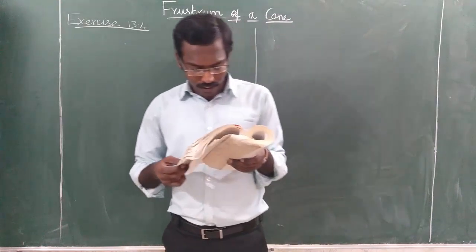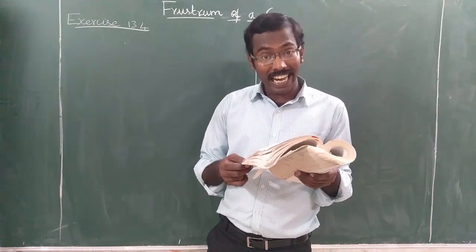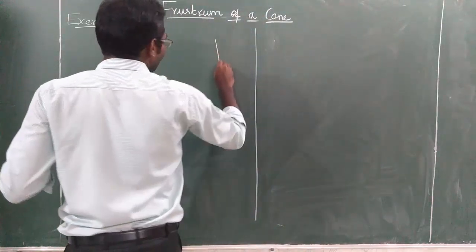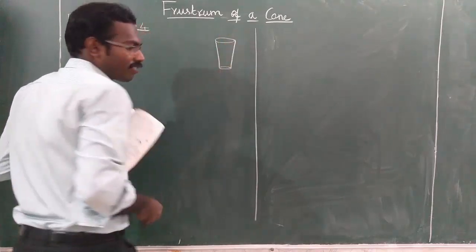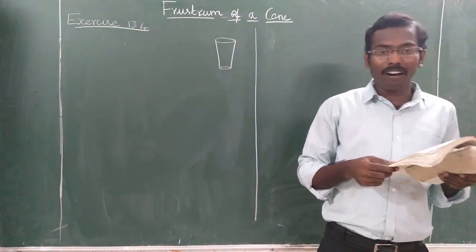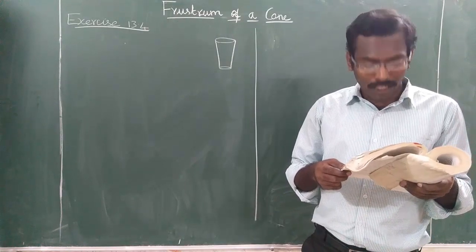Okay, so the sum is like this. First sum: a drinking glass. A glass is also in the shape of a frustum only, isn't it? Glass will be like this, an inverted frustum. So a drinking glass is in the shape of a frustum of a cone of height 14 centimeter.